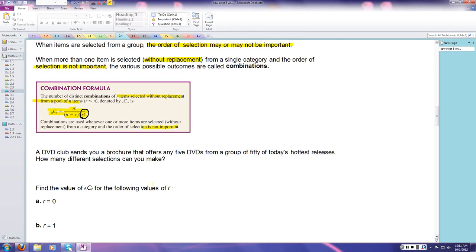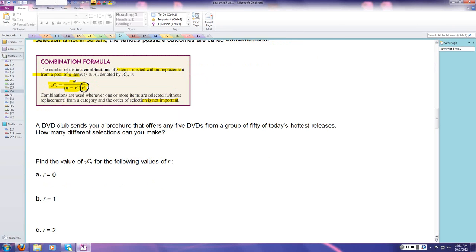So let's look at this example. A DVD club sends you a brochure that offers any 5 DVDs from a group of 50 of today's hottest releases. How many different selections can you make? Well, order doesn't matter. It doesn't matter if I pick the first DVD or the 5th DVD. I still get 5 DVDs. I don't get one faster than the other. The lineup doesn't matter.